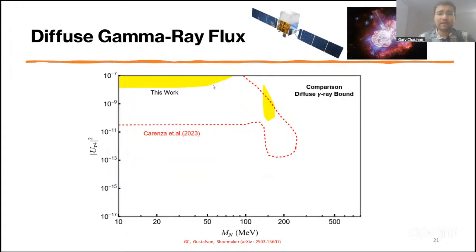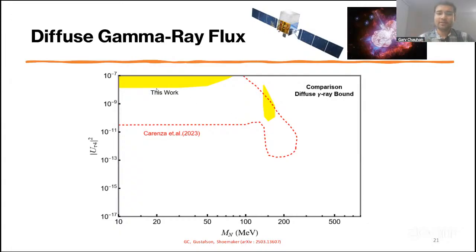So our diffuse background results are as follows. From the diffuse gamma ray flux bounds, we can constrain couplings of the order 10 to the power minus 8 in this yellow region. You see an island in this region, and this happens exactly due to the pi naught mode.